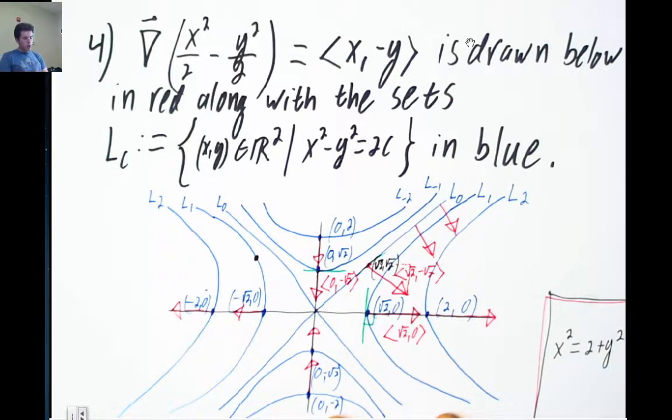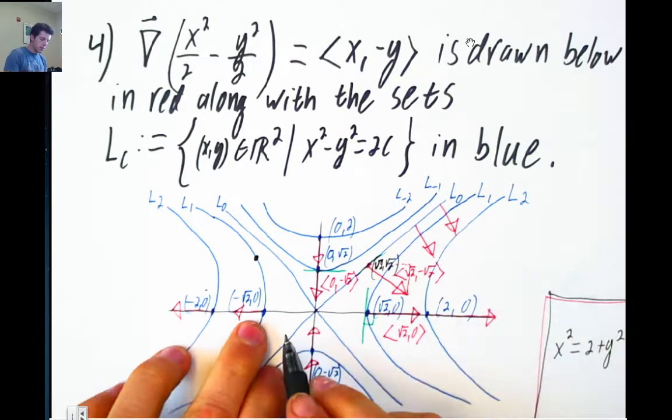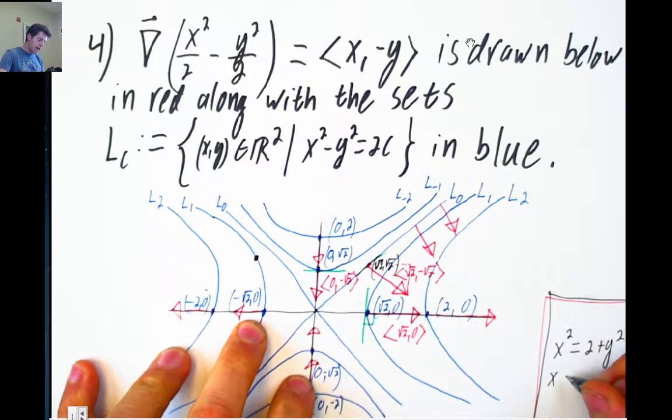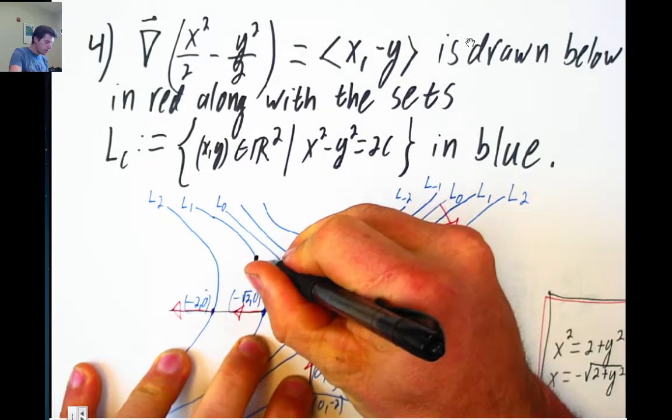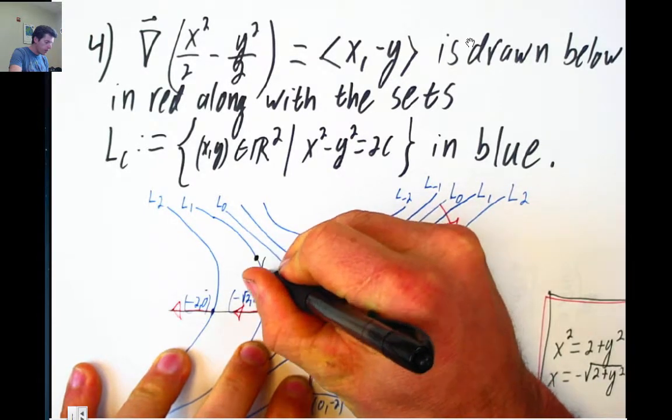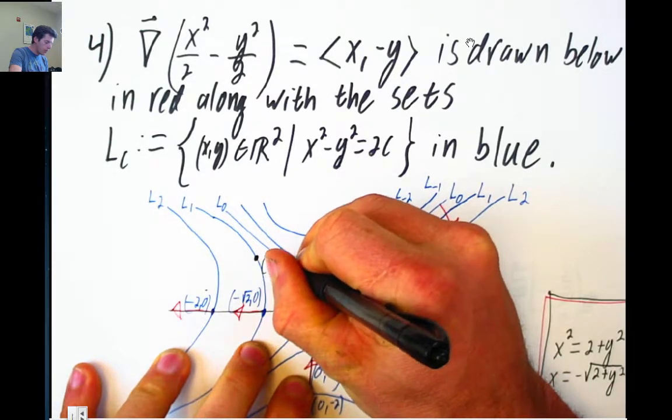All right. Well, let me think about that for a second. If I want x to be a negative number, how about if I say x is negative the square root of 2 plus y squared, and then I'll pick a y value. That kind of looks like the y value 1. So let me put a point in there, something comma 1.